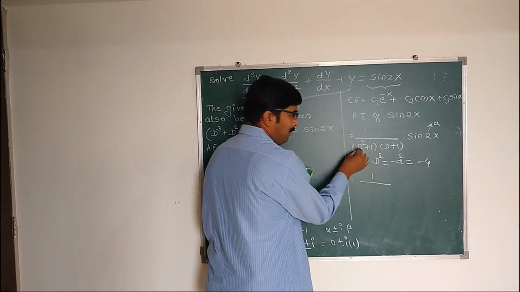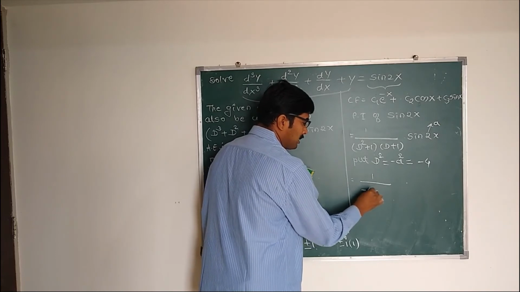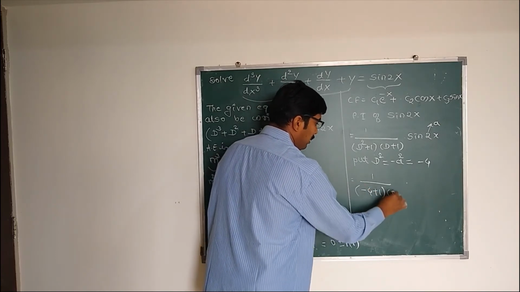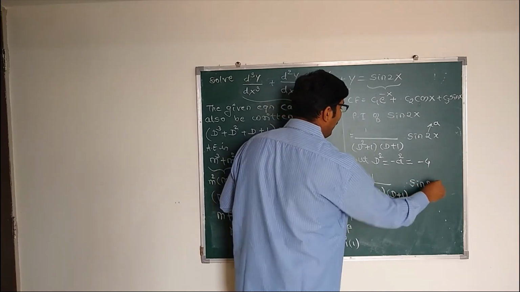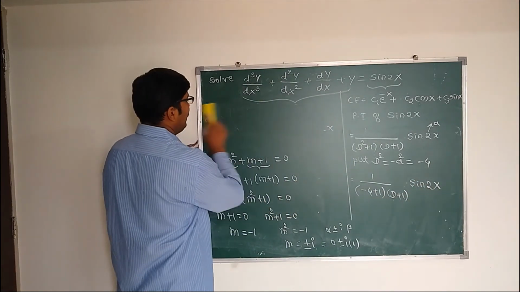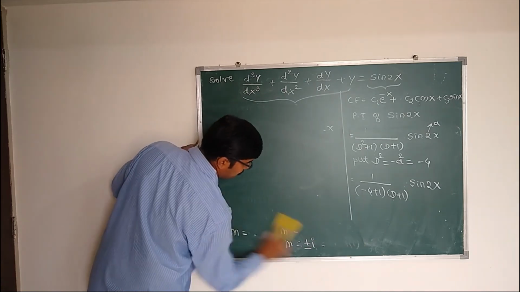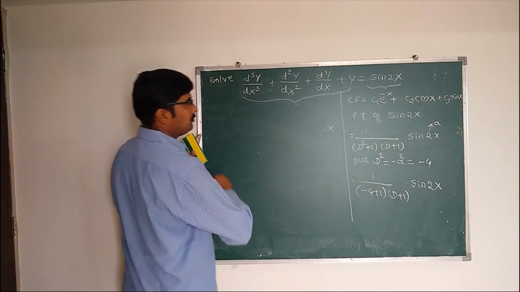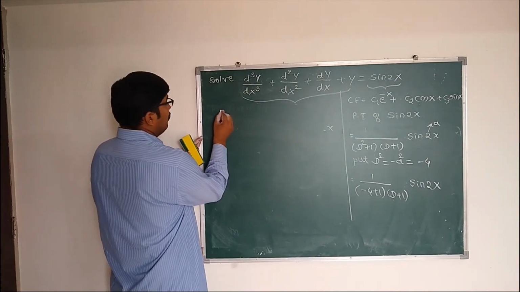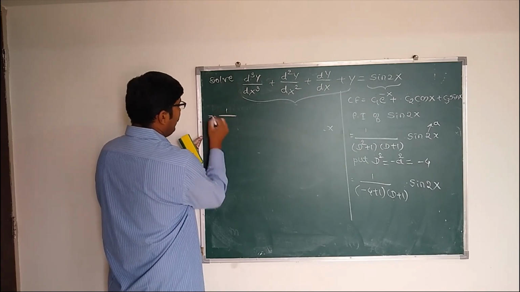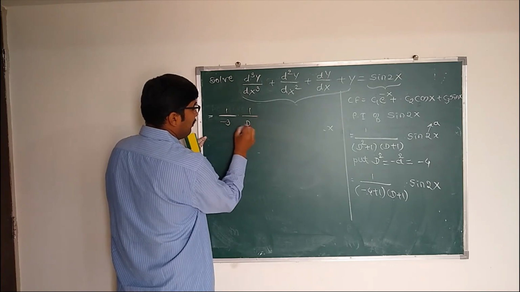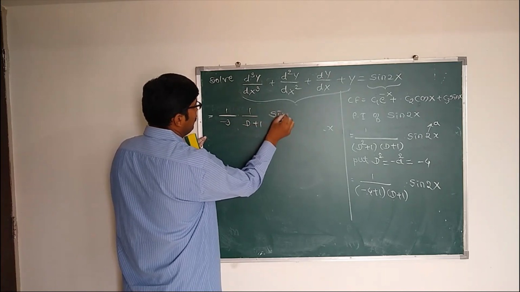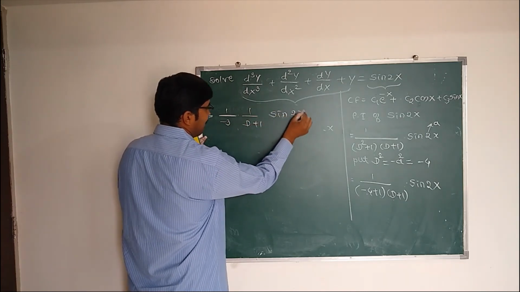That is 1 divided by D square is equal to minus 4 plus 1, next D plus 1, of sin 2x. This is 1 divided by minus 4 plus 1 is minus 3, 1 divided by D plus 1 of sin 2x.